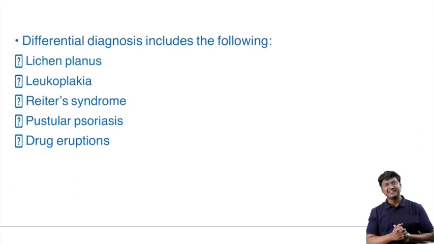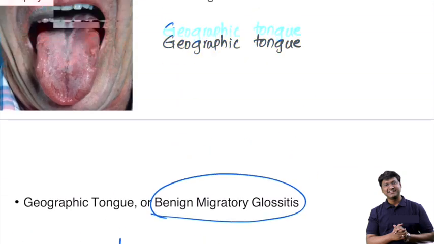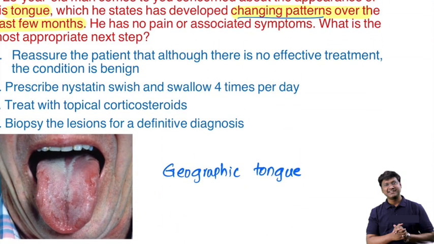The differential diagnosis includes lichen planus, leukoplakia, Reiter syndrome, pustular psoriasis, and even drug eruptions. So, right, and then how do you come to a diagnosis? See, you will come to a diagnosis of this clinical scenario by continued observation, right? And you have to look for the changing patterns of the geographic tongue.